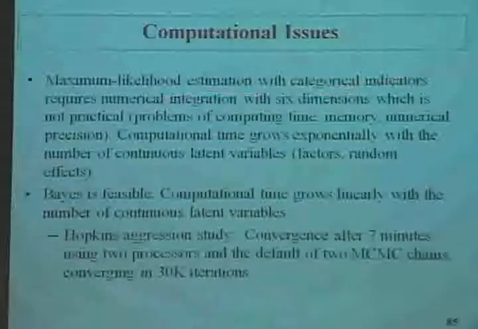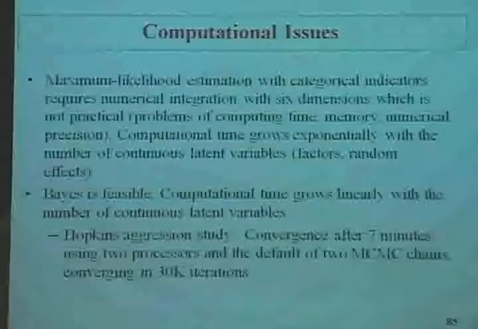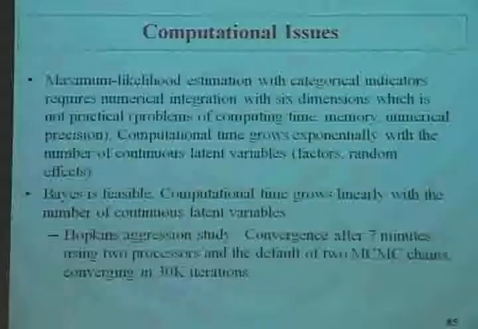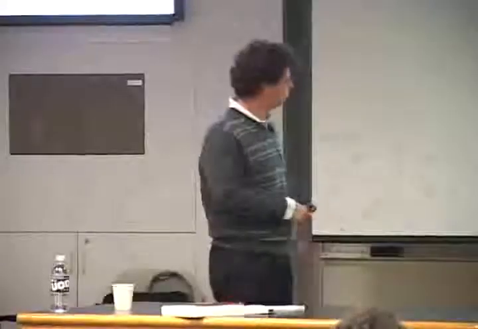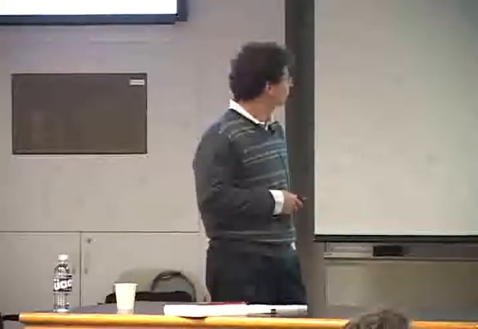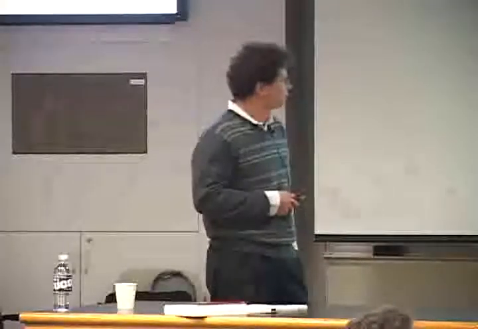So again, maximum likelihood would require 6-dimensional integration. In general, the important difference between weighted least squares and maximum likelihood here is that maximum likelihood will provide better treatment for missing data. So maximum likelihood is of interest, but it's computationally impossible. The computational time grows exponentially with the number of factors in the model.